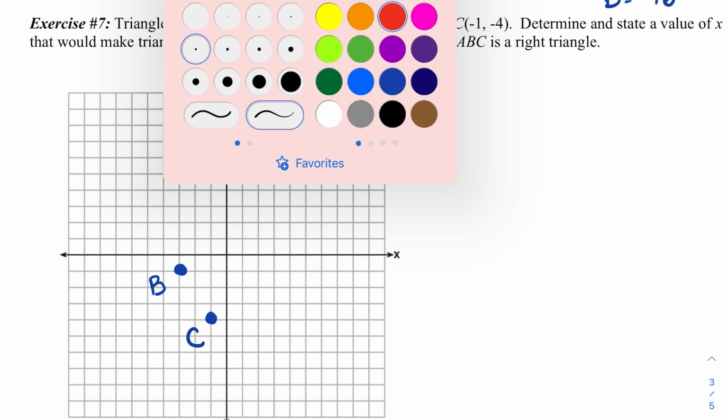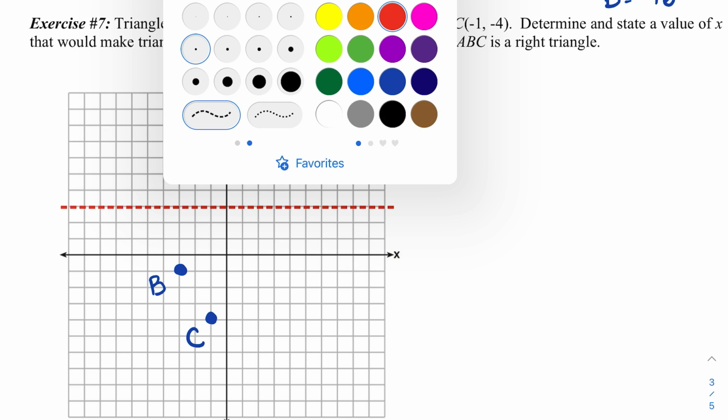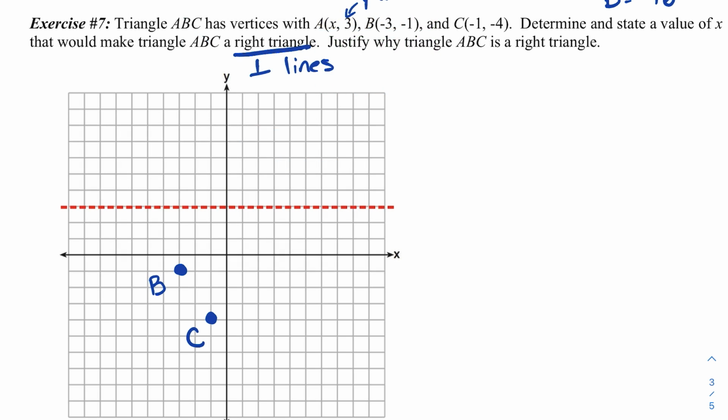So what I'm going to do with that is I'm going to do this dashed line at 3. 1, 2, 3. And basically, point A has to be somewhere on this line. Now, I don't know where.